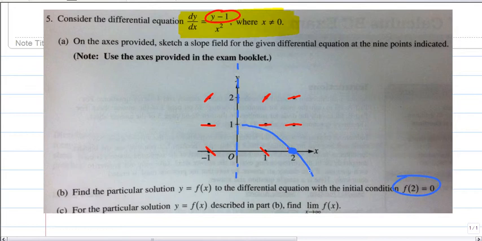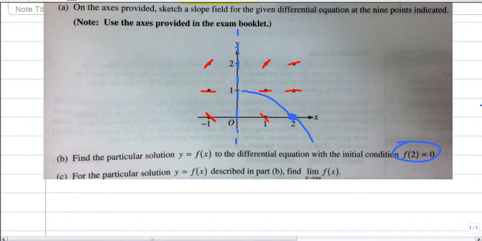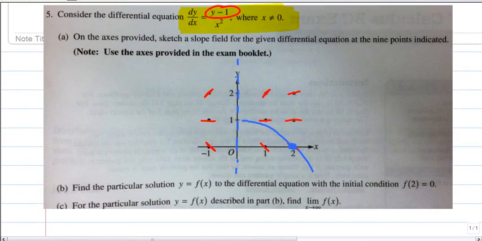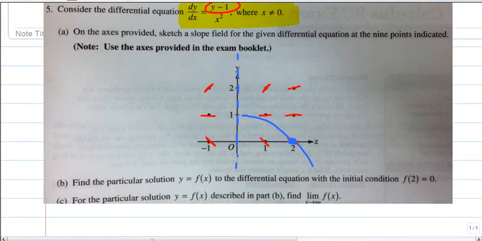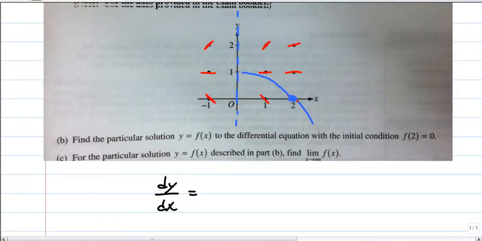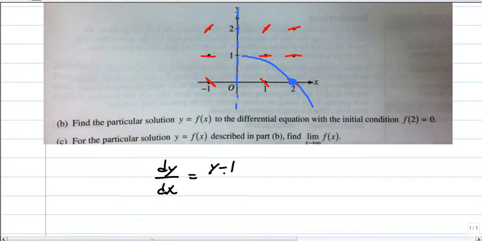That's not part of your sketch on your slope field, but as you solve your differential equation, you could always check your answer that way. So we're going to hammer out this algebra real quick. You've got your differential equation, and you're going to use separation of variables. dy/dx equals (y minus 1) over x squared.